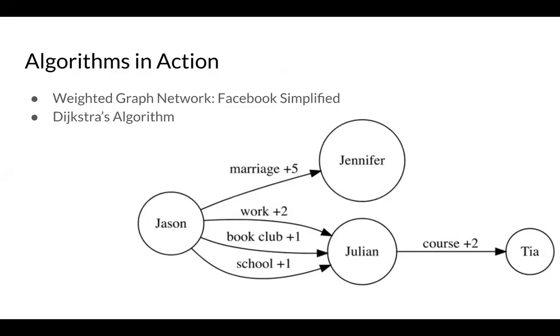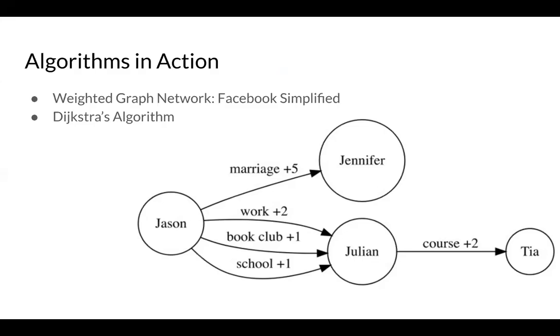This is something that, when you talk about first principles, there is a technology that sits inside of something like the Facebook social graph. So it's Dijkstra's algorithm or weighted graph network. And you can kind of see how it might work. So Julian is here. She's connected to me in certain ways that have value.